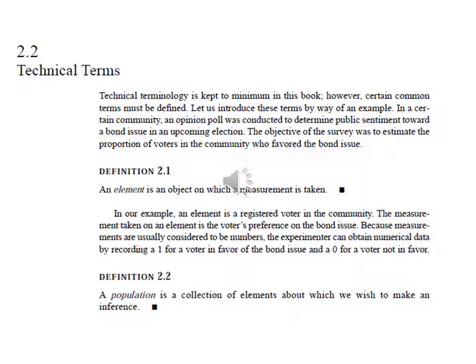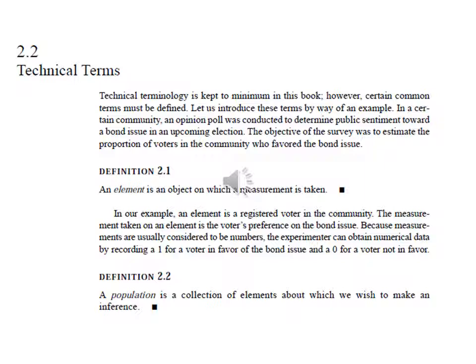An element is an object on which a measurement is taken. In our example, if an element is a registered voter in the community, the measurement taken on an element is the voter preference on the bond issue. So the main point is that an element is an object on which a measurement is taken.